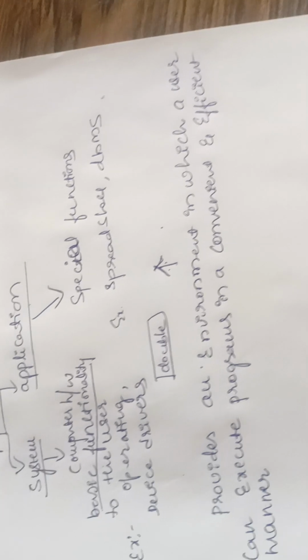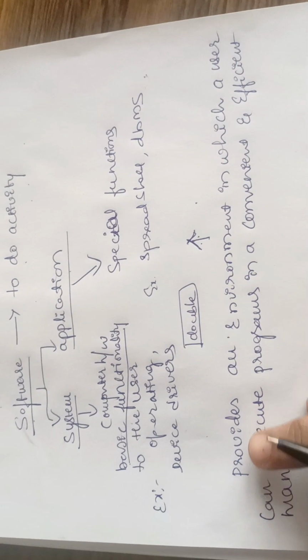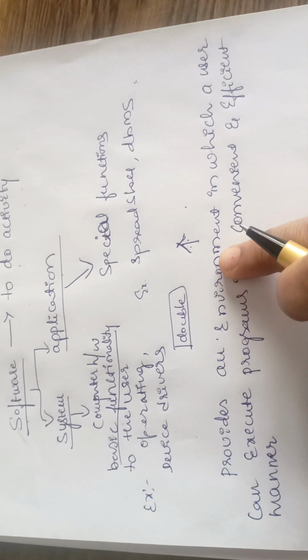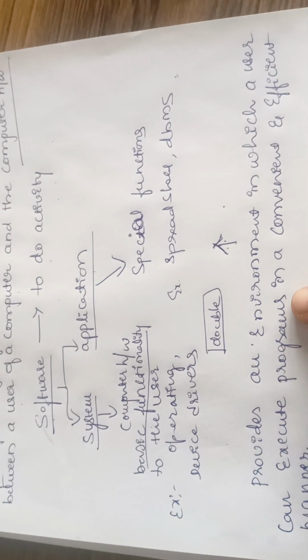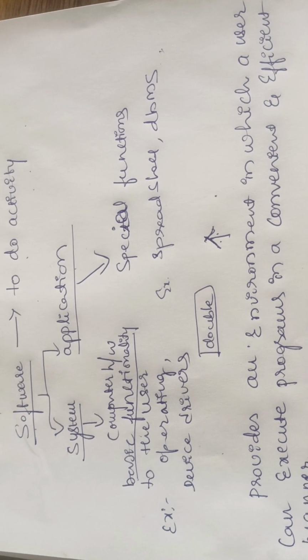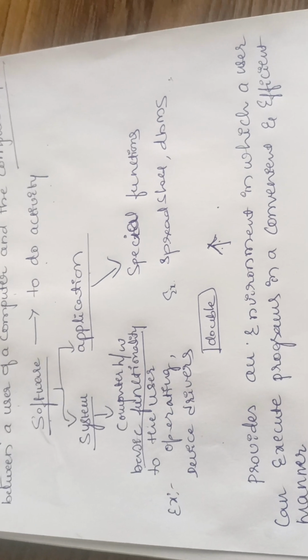So why do we require the operating system? The main purpose is that it provides an environment in which a user can execute programs in a convenient and efficient manner.